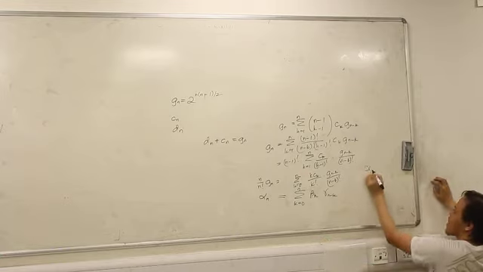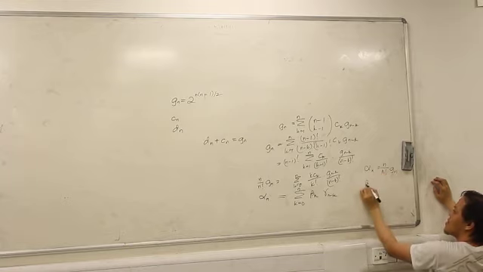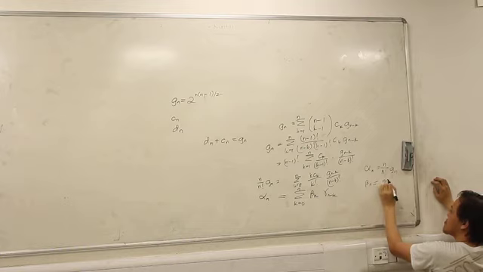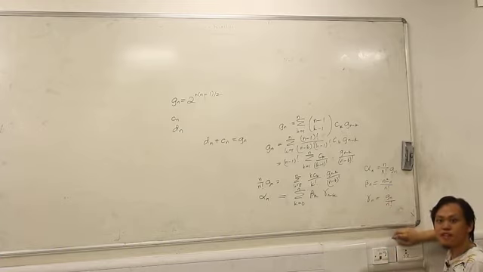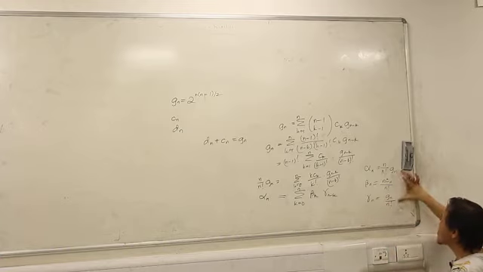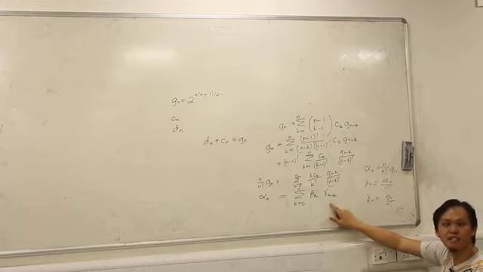I defined alpha of n as this term, beta of n as this term, and gamma of n as this term. This one is almost the same, except there's an n here, but I'm defining it differently anyway. So we have this equality.